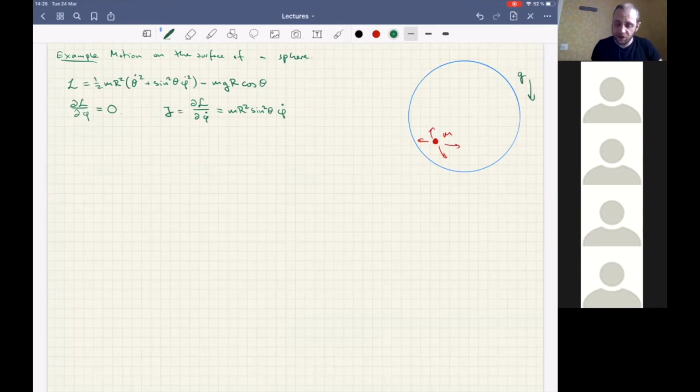And so this is essentially just the angular momentum with respect to the z-axis, because here r sine theta is the distance from the z-axis, and phi dot is the angular frequency with respect to that.